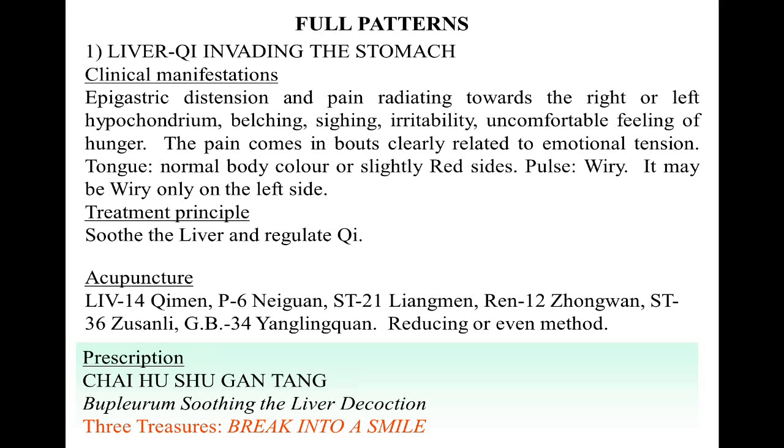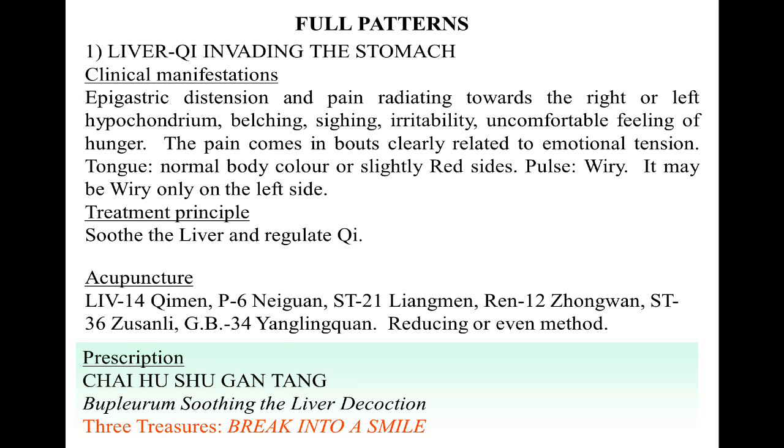Pericardium 6, I use it all the time in digestive problems because it affects the upper and the middle burner. It affects the stomach. That's why, by the way, pericardium 6 is used for nausea and morning sickness in pregnant women. Although it is on the pericardium channel, it affects the stomach very much. And it makes the stomach qi descend.